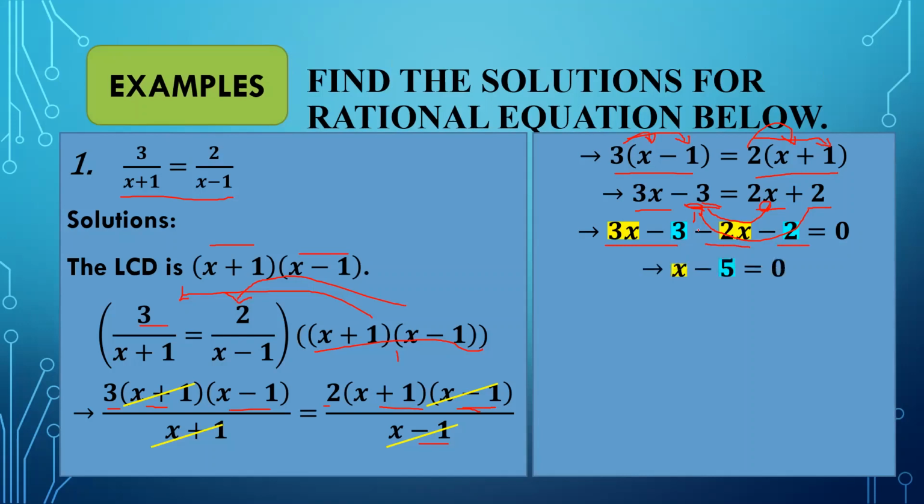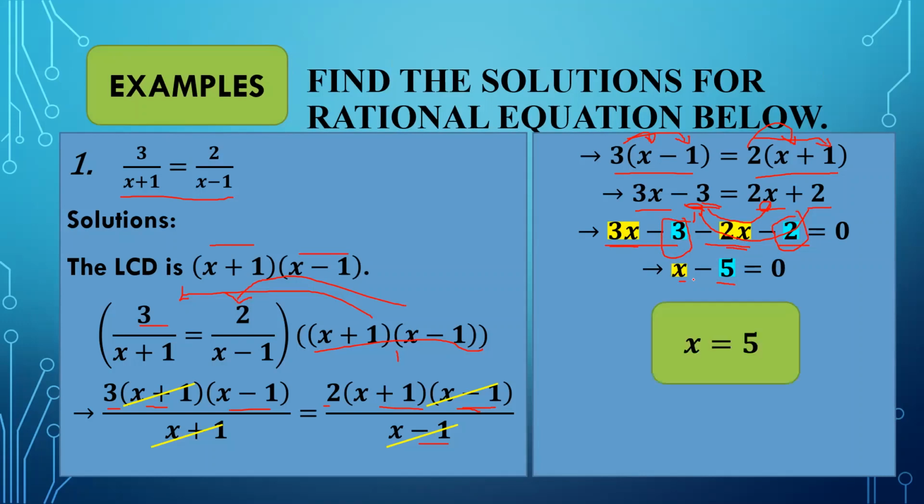So therefore, we have 3x minus 2x is x, and negative 3 minus 2 is negative 5. So we will add them, since negative 3 minus 2 is equal to negative 5.